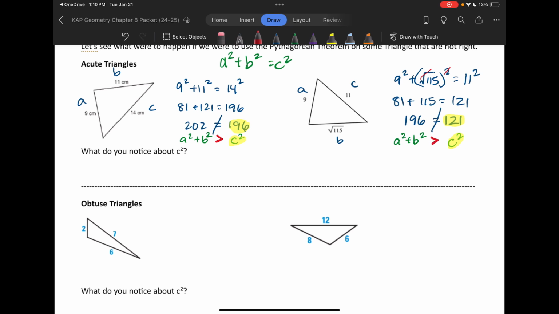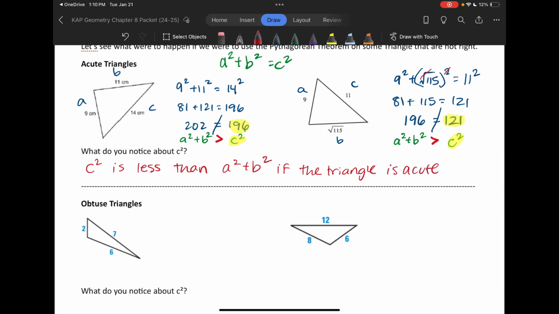So the conclusion we can make here is that c squared is less than a squared plus b squared if the triangle is acute, because we haven't really looked at other types of triangles. These two happen to be acute.